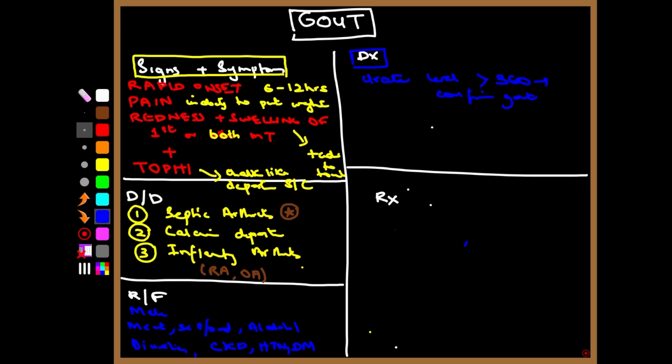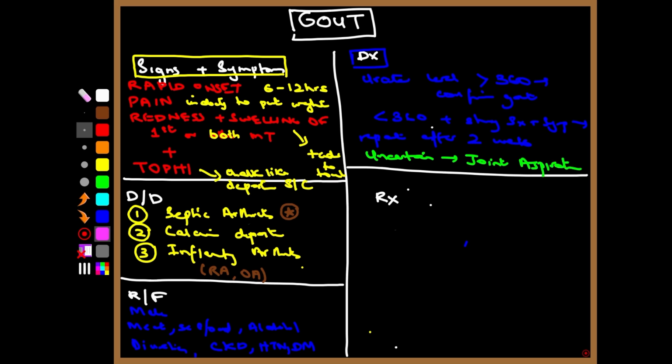In case it is less than 360 and we have strong signs and symptoms for gout, then we'd want to look into repeating after 2 weeks, just to confirm the diagnosis. If we're uncertain about our diagnosis, about what's going on in the joint, then a joint aspiration would be ideal.